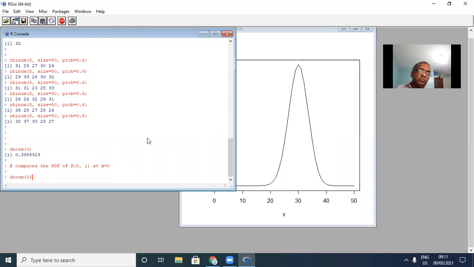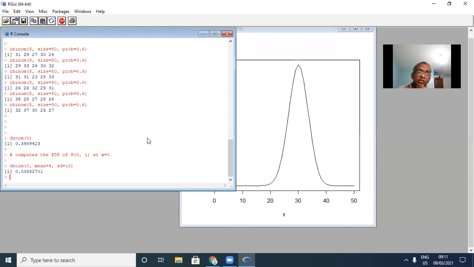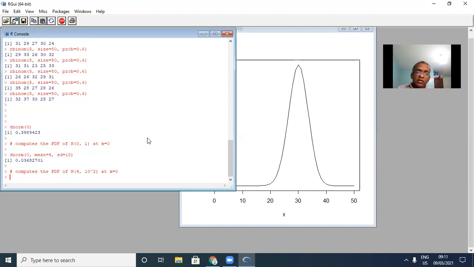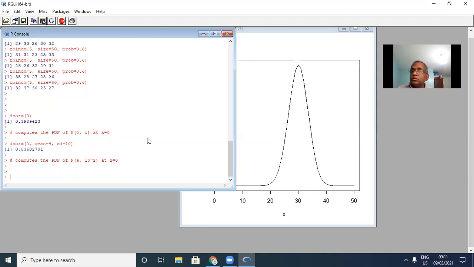Now, suppose you want to compute the density at different values, say mean equal to 4 and standard deviation equal to 10. This is what you will get. So what you did here is compute the PDF of a normal distribution with mean 4 and variance 10 squared at x equal to 10.